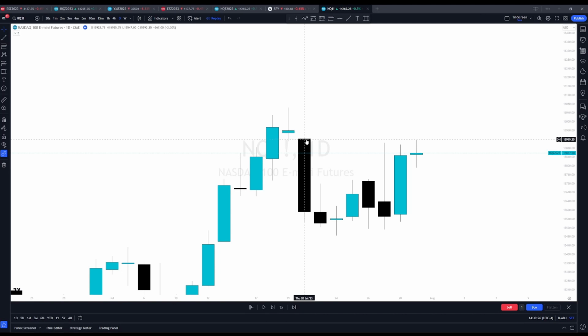It did not work. A good example why dojis are 50-50. So you should wait for price action the next morning to show you. A lot of times dojis end up being outside days the next day, taking out both sides, and that gives you your price projection for the next couple days.